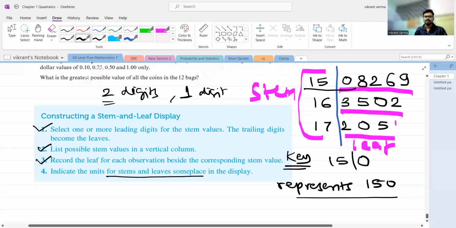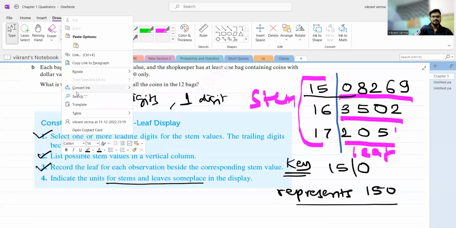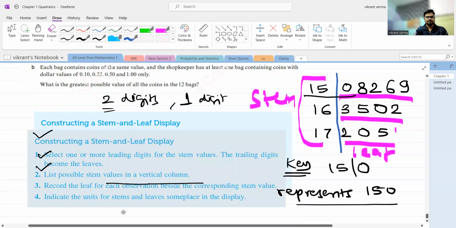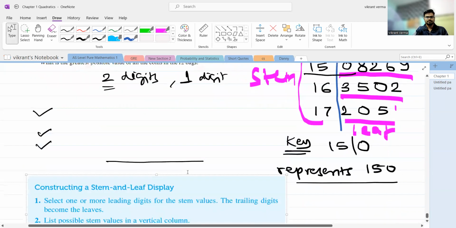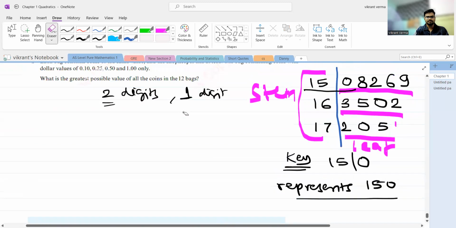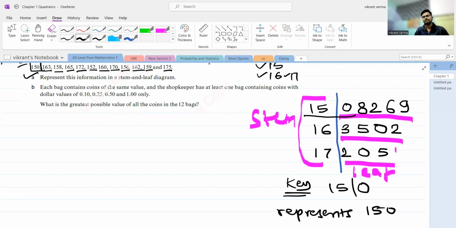First, let me remove this from this place, so we will get enough space to improvise it further. Although this stem and leaf diagram is also accurate, there is no problem here, we can improvise it even further.